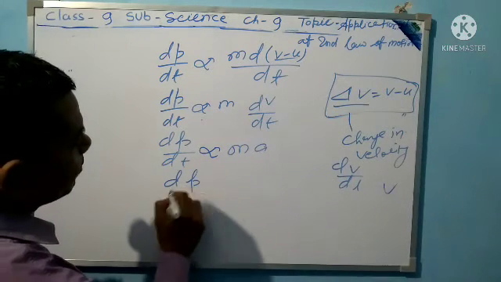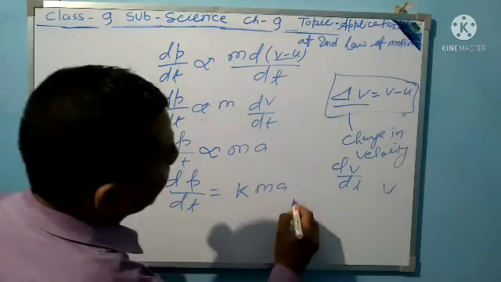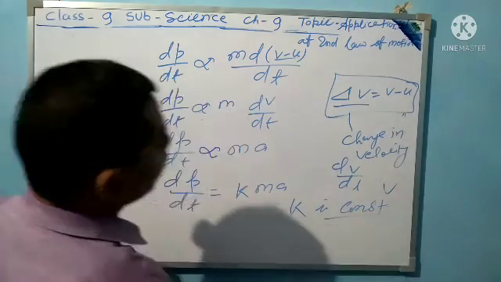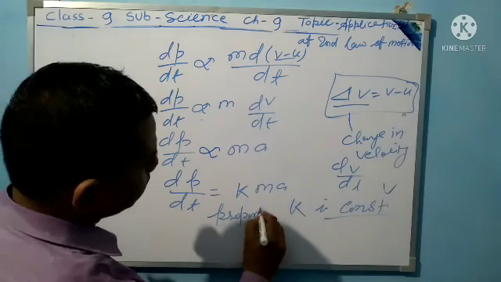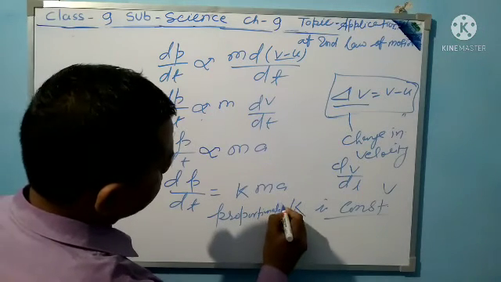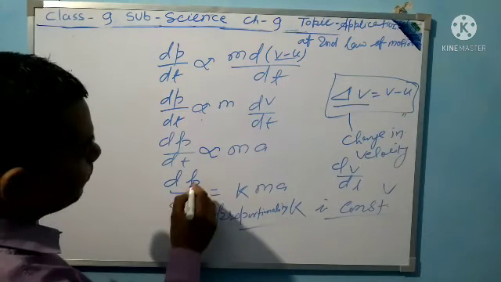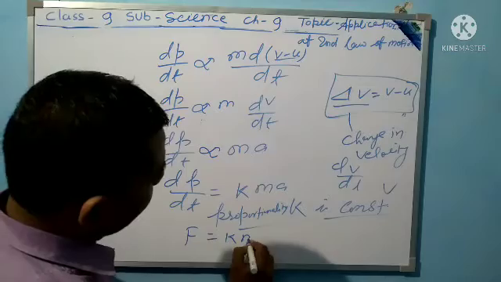So dp by dt is proportional to ma, mass into acceleration. So dp by dt equals kma, where k is the proportionality constant. So F equals kma.